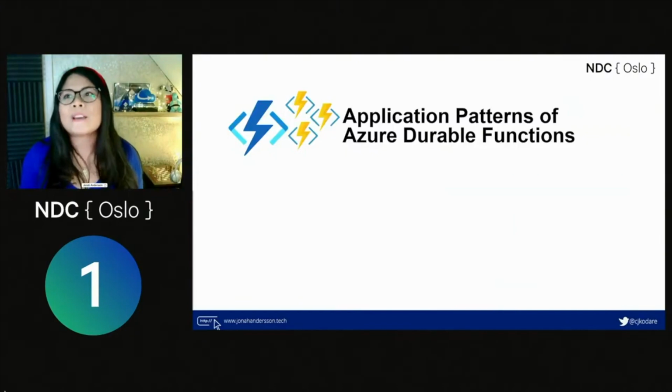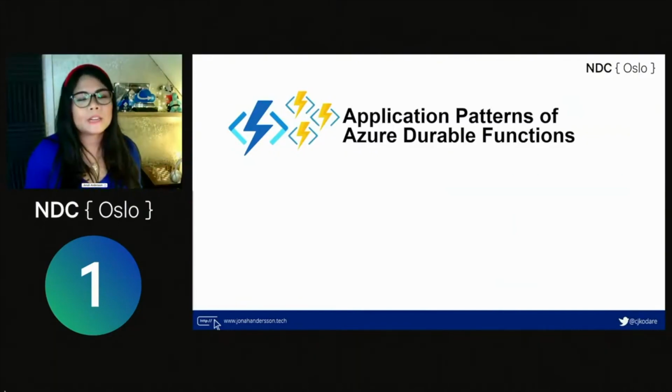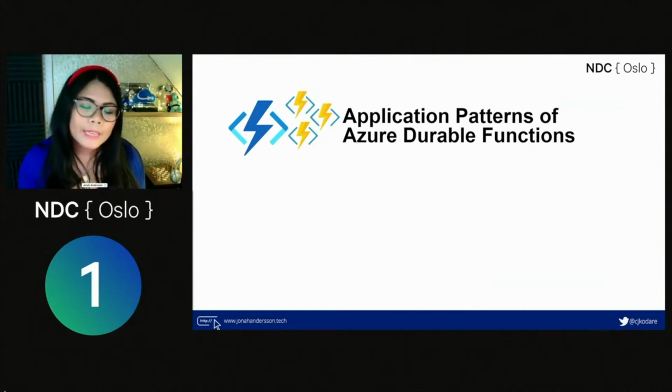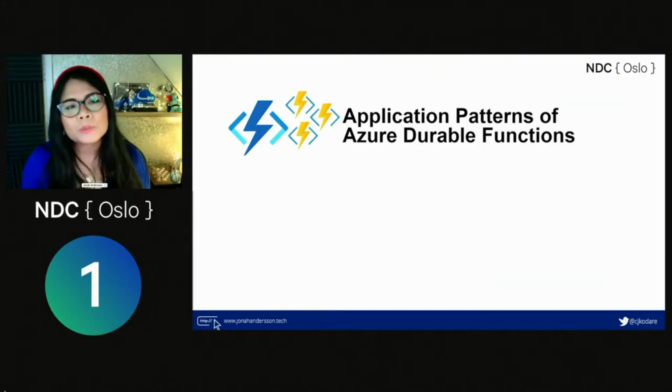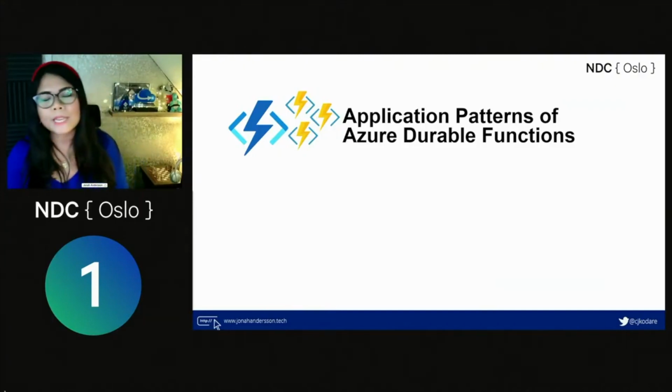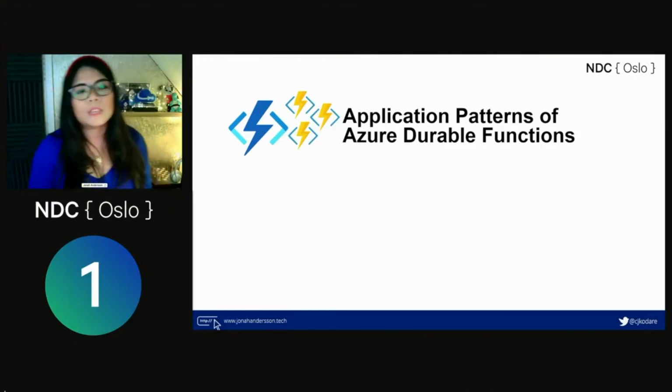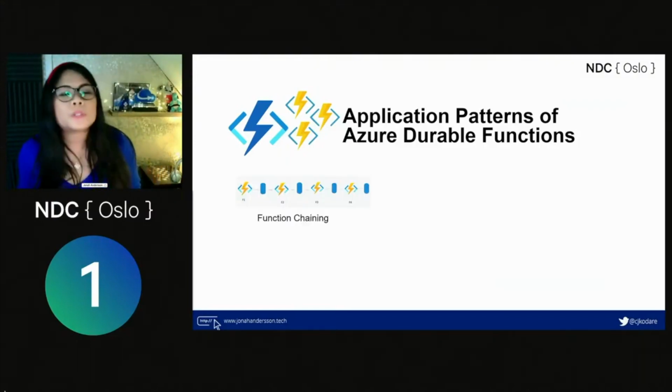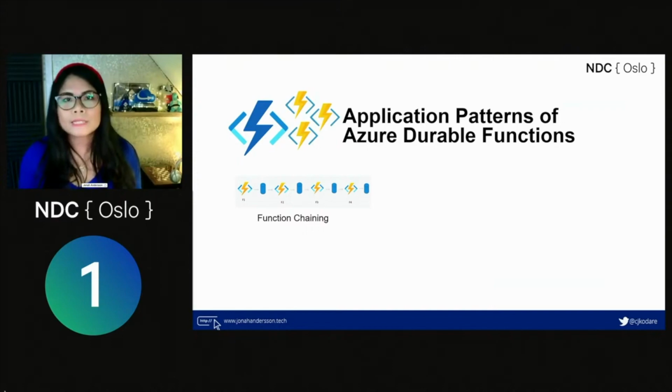So now we have the different types of durable functions. We learned more about our friend the orchestrator, and now we also need to know the basics of the common application patterns that we can do with durable functions. There are 6 documented patterns in the Microsoft Docs.